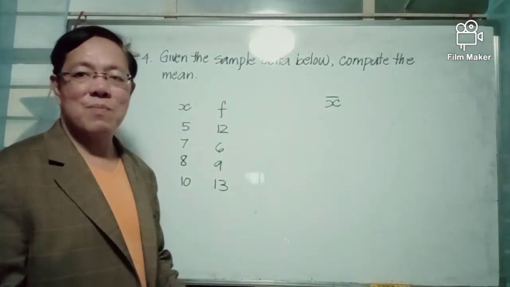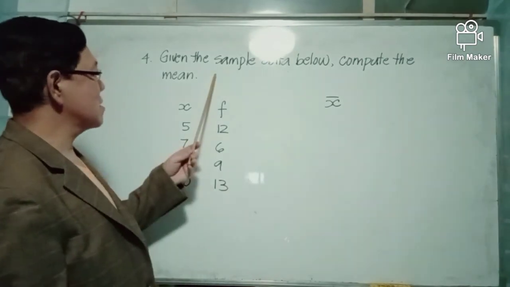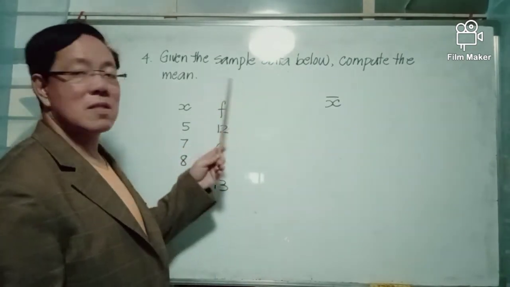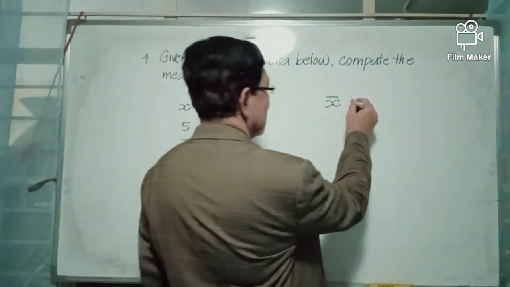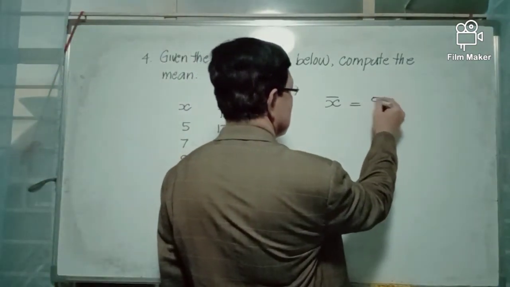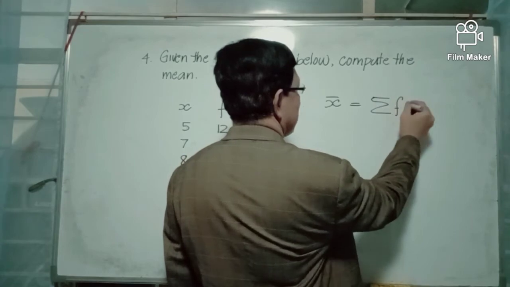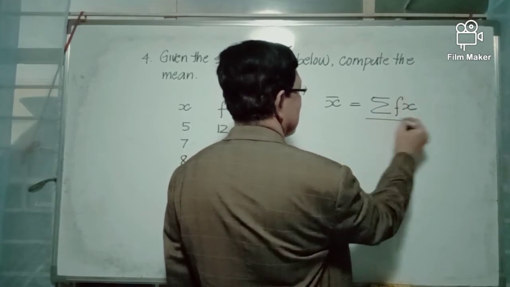We still use x bar because this data represents sample data. And x bar now is equal to the summation of fx divided by n.